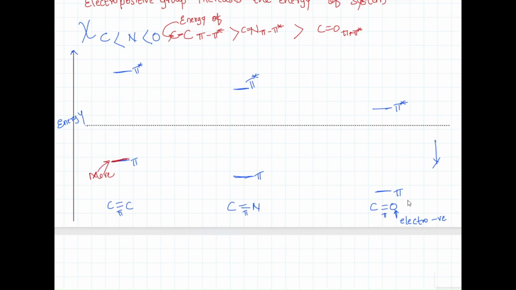Here due to the electronegative oxygen atom, the energy is less.